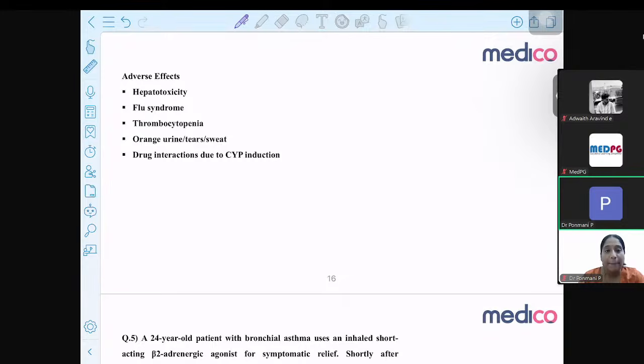Rifampicin is a hepatotoxic drug. Other than being hepatotoxic, it also causes orange discoloration of all the fluids in the body: your tears, sweat, and urine turn orange in color. Drug interaction is also one which needs to be remembered. This is the whole thing about rifampicin.